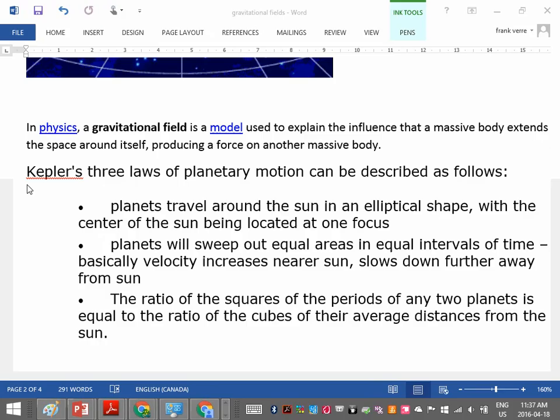You may have noticed, for instance, that most of the time, not always, the path wasn't really circular, right? An object that went around another object usually had what kind of a path? Yeah, it was elliptical, right?